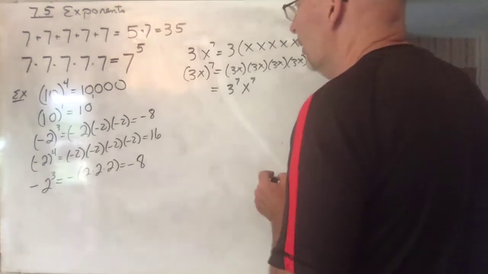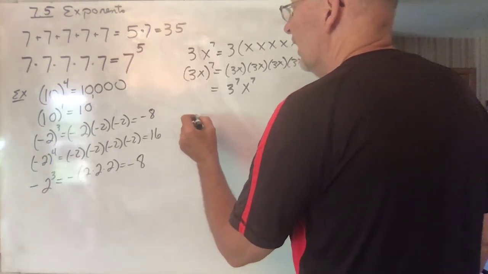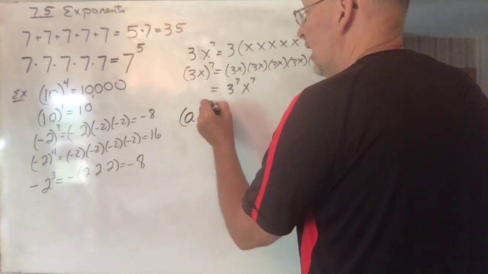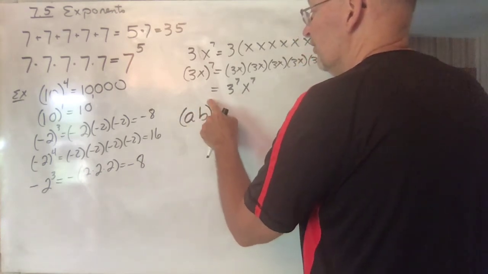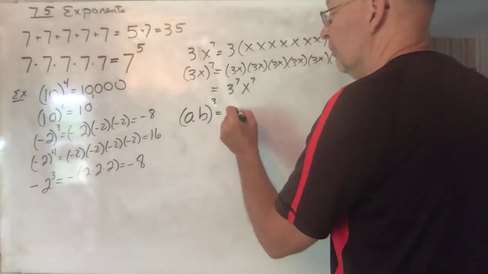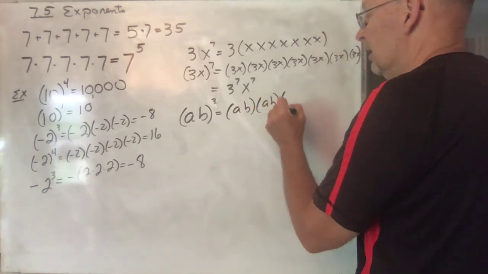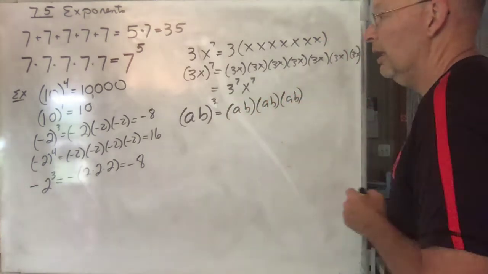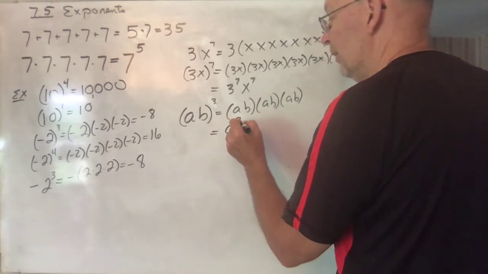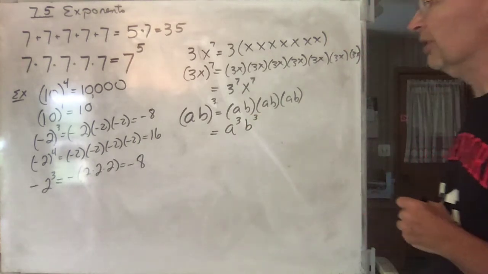As long as we're talking about that, let's just say what happens if I have a times b all to the n power, or I don't know, let's just say to the 3rd power, just to make it simple. It's going to be ab times ab times ab, which notice is going to be a times a, which is a cubed, b times b, which is b cubed.